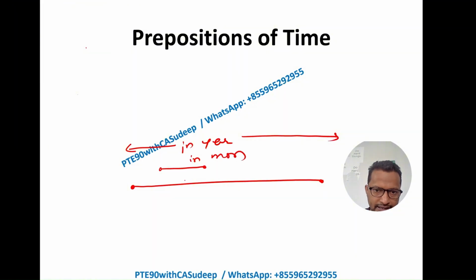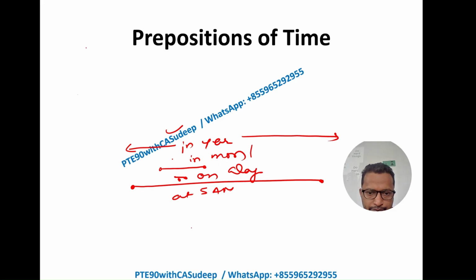And then day is considered a shorter period compared to month, on day. And if you are referring to a specific point of time in the day, let's say 5 a.m., then at 5 a.m. Long period, year or decade, in; long month, in; and seasons, in; and then particular day, on. And if you are talking about a particular point of the day, at.